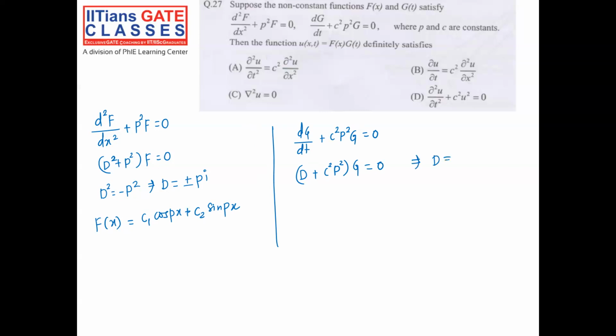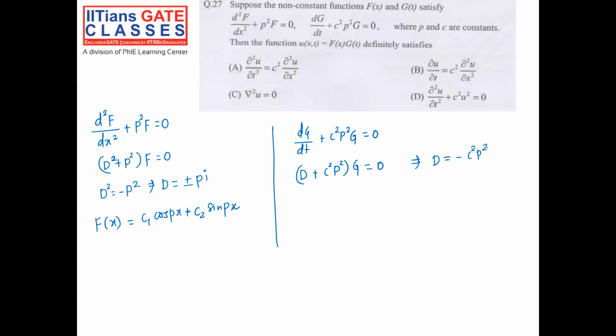So similarly, for the second differential equation, which is dg by dt plus c square p square g equal to 0, we can say that (D plus c square p square) times g equal to 0, and we can say that D is equal to minus c square p square.